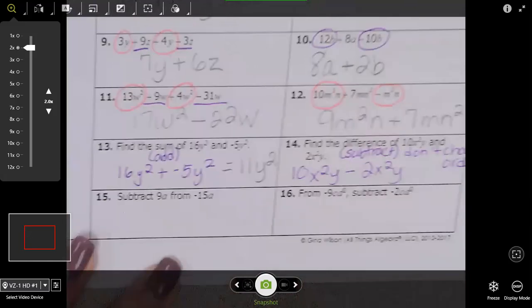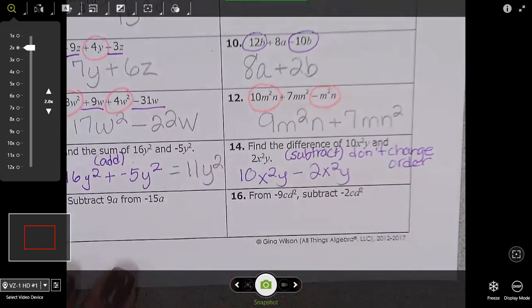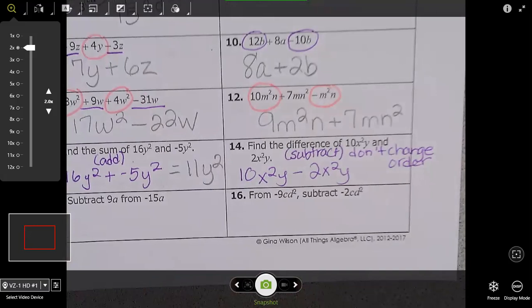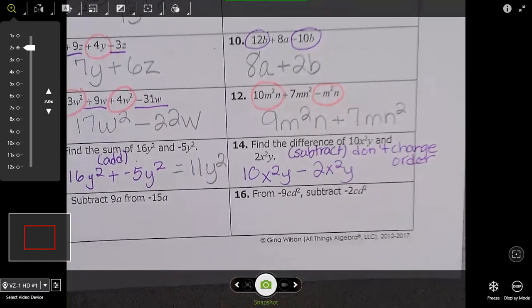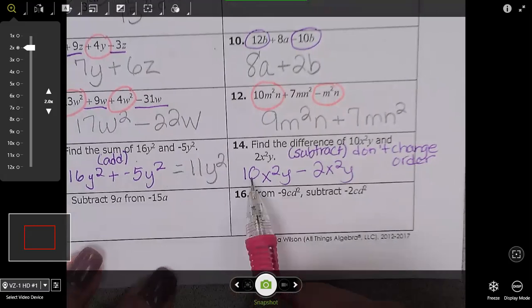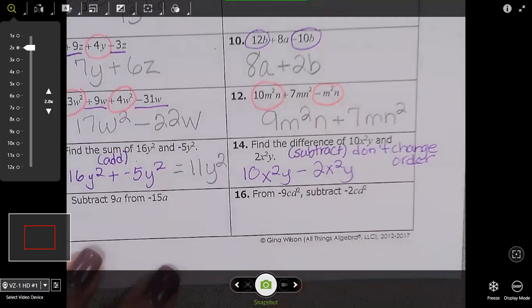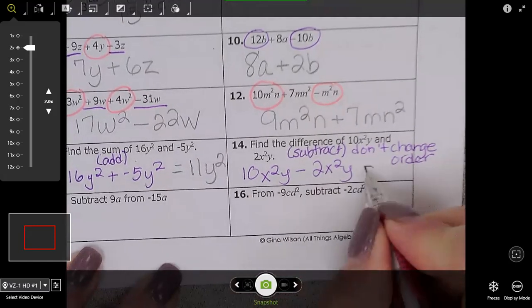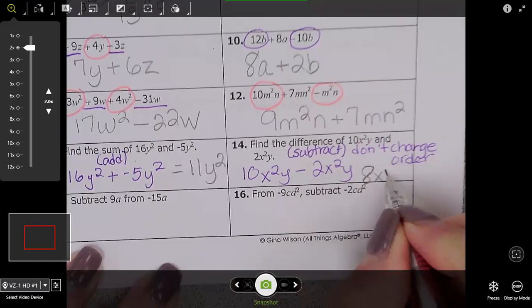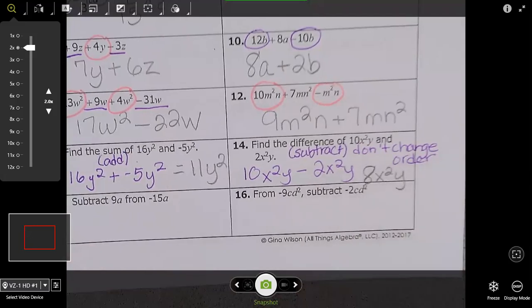Okay, so we're subtracting, but we don't change the order. So that's pretty straightforward. So what's 10 minus 2? And then we do nothing to the variable and the exponent. We leave it alone.